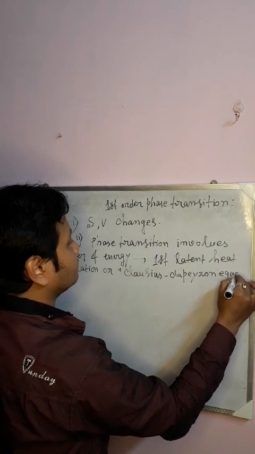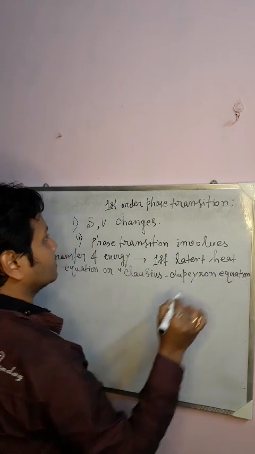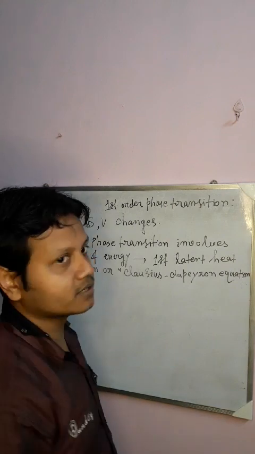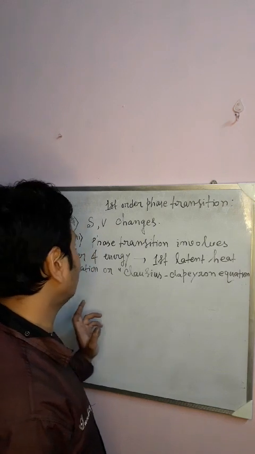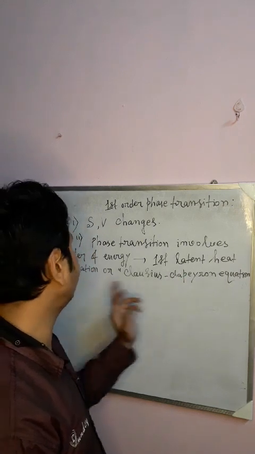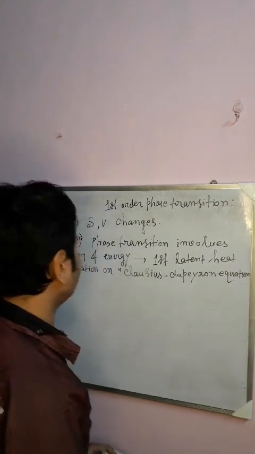So this is the second feature, that whenever a phase transition occurs, there will be a transfer of energy, and for first order phase transition it is governed by the first latent heat equation or Clausius-Clapeyron equation.